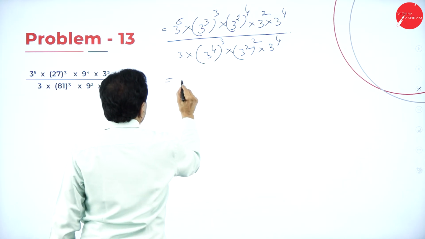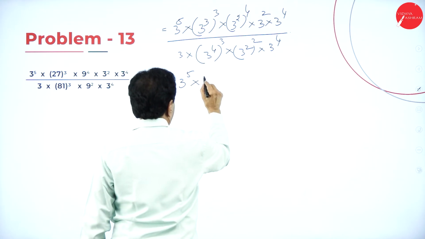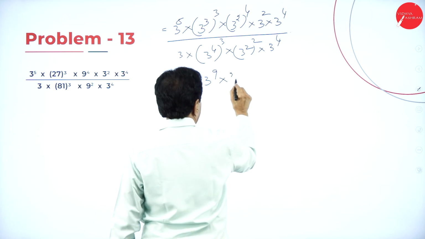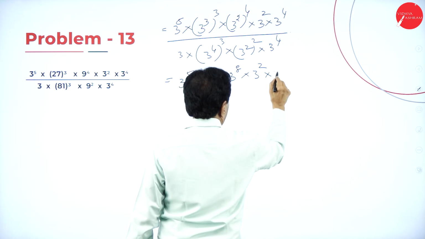This is 3 to the power of 5, 3 to the power of 9, 3 to the power of 8, 3 to the power of 2, 3 to the power of 4.